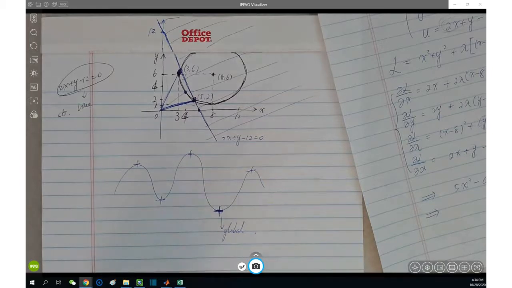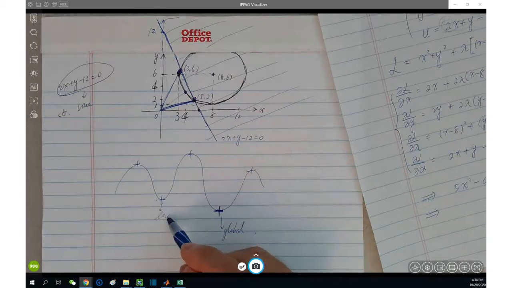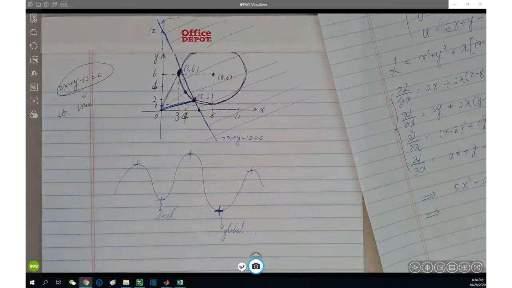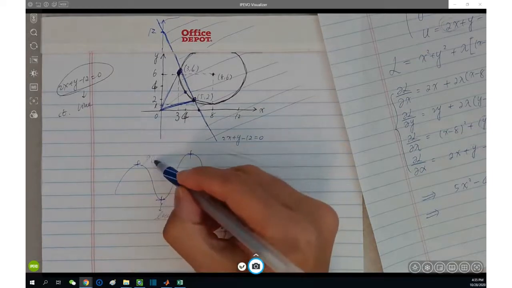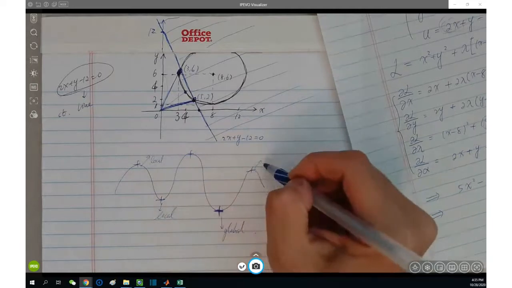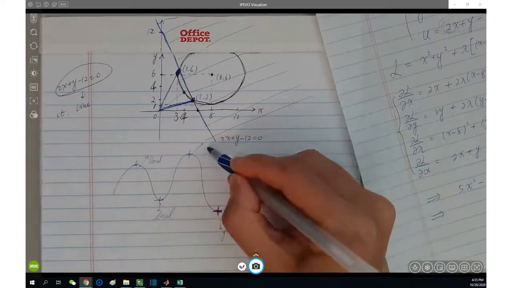This is a local one, one of the lowest. However, among those lowest ones, you find the lowest. That's the global minimum or maximum. And here, local maximum, local one. And this obviously is the global one.